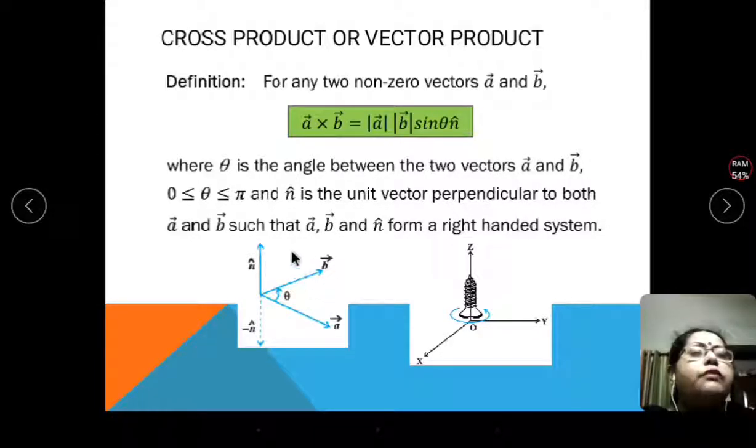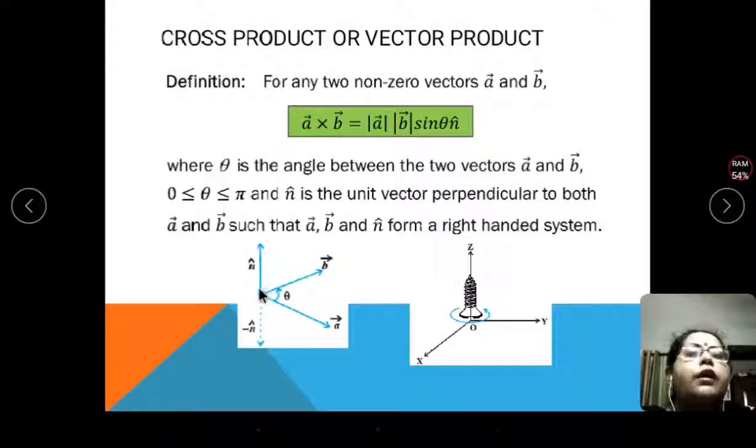And what we mean by a right-handed system, for this let us come to this figure. So if we have a right-handed screw like this, where this is the x-axis, y-axis and z-axis, and if we move from x to y in the anti-clockwise direction, then the right-handed screw will move along the positive z direction. So here also, if we are moving from A to B, the direction of n should point upward, like the direction in which the right-handed screw will move. So that is what we mean by a right-handed system.